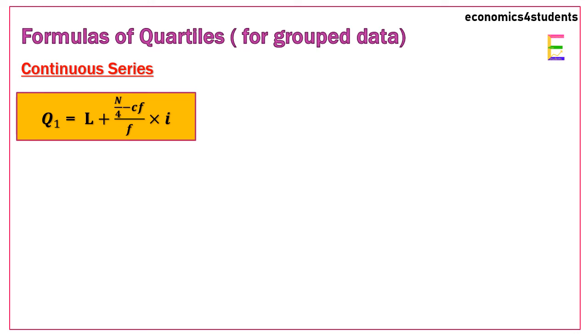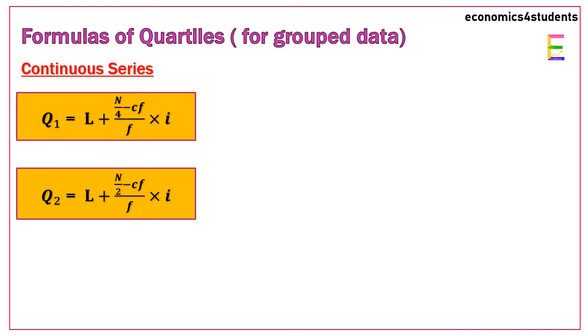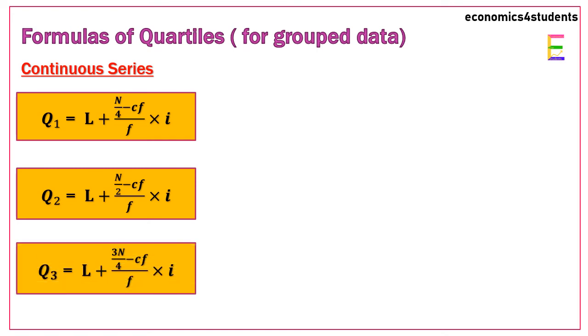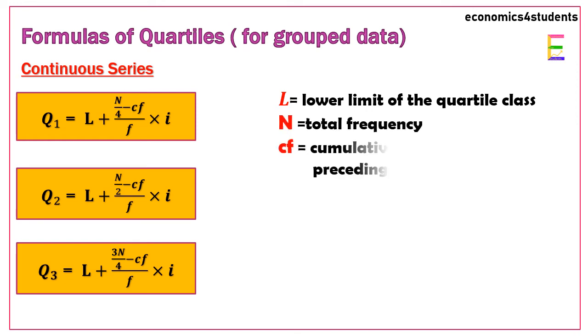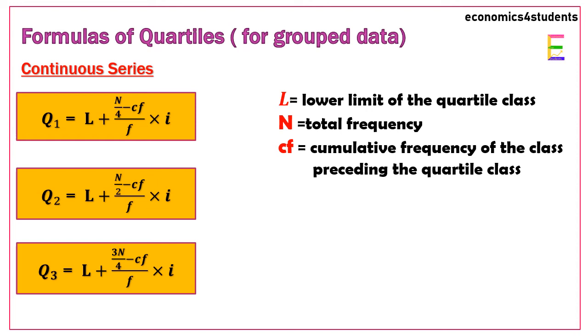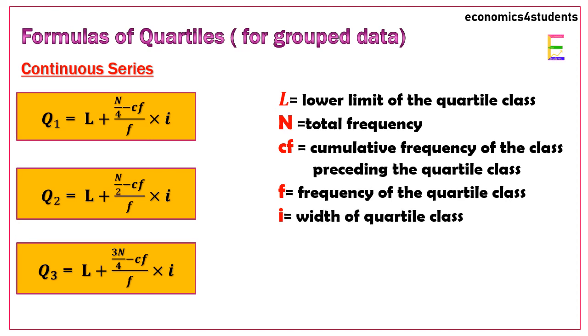Q1 is equal to L plus (n by 4 minus Cf) by f into I. Q2 is equal to L plus (n by 2 minus Cf) by f into I. Q3 is equal to L plus (3n by 4 minus Cf) by f into I. Here L is the lower limit of the quartile class, n is the total frequency, Cf is the cumulative frequency of the class preceding the quartile class, f is the frequency of the quartile class, and I is the width of the quartile class.